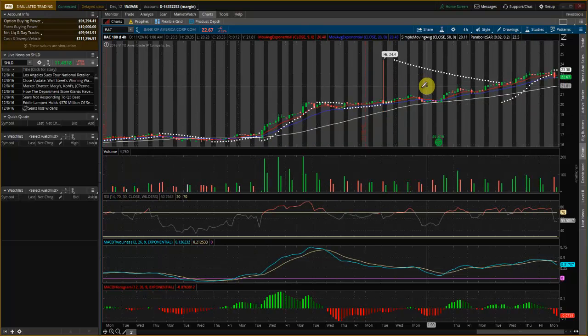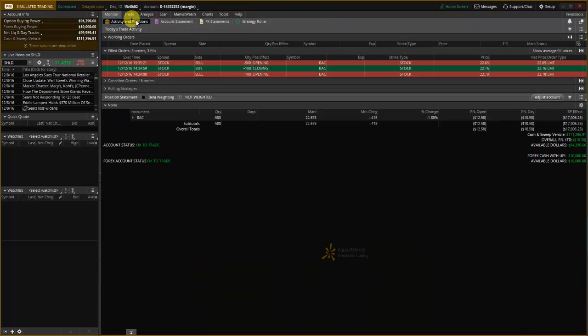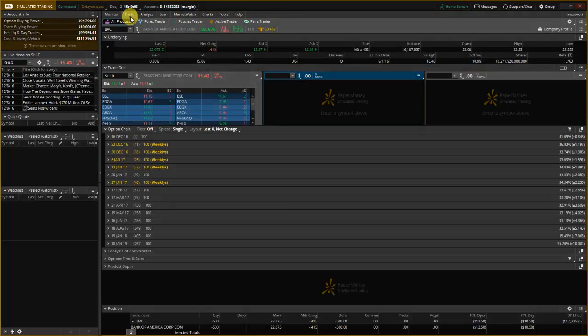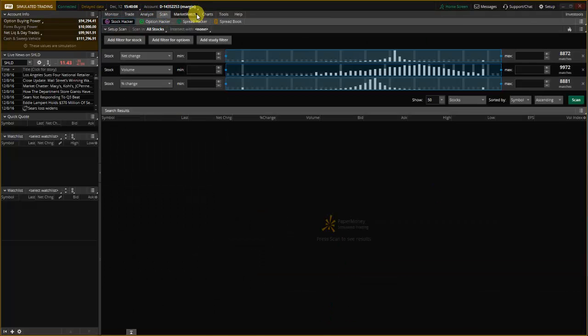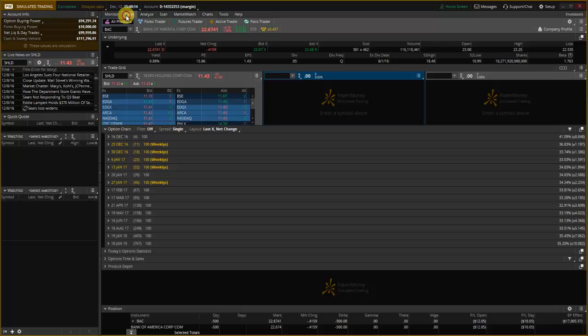So this might be a good short position. This is just our simulated trading account. So we're going to leave this open for now and see what happens tomorrow. But essentially, this is how you sell stocks short, and basically buy to cover and make money when stocks start trading downwards.